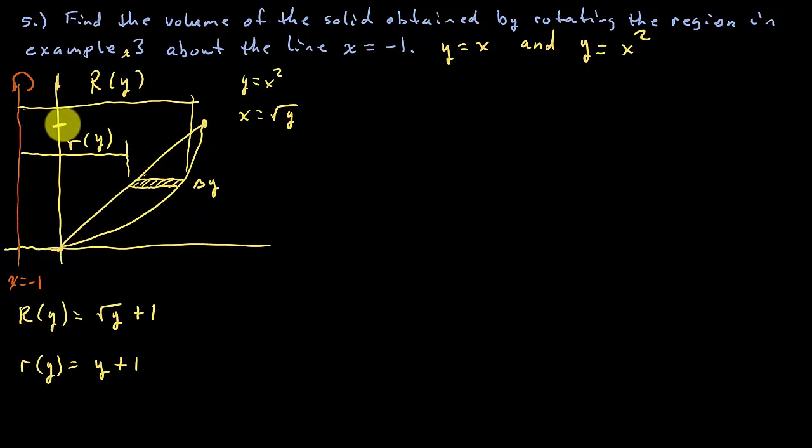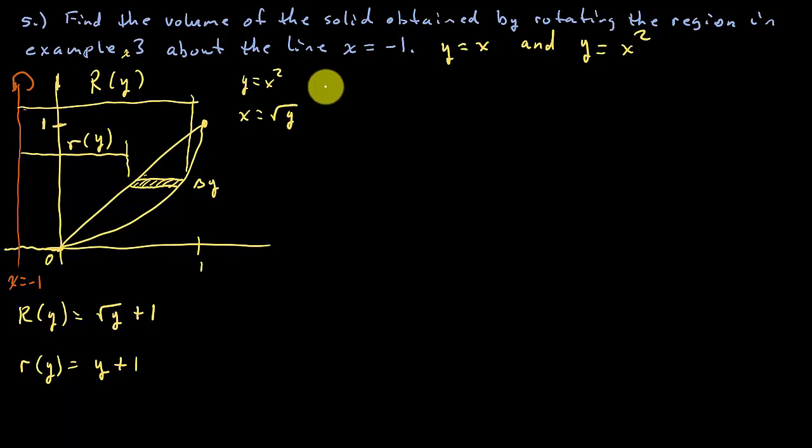So this is 0. Well, we know this is 1, right? That's 1. If I plug the 1 into here and plug the 1 into here, I get y is 1 also. Okay, we get the same thing. So now let's go ahead and set up our integral.